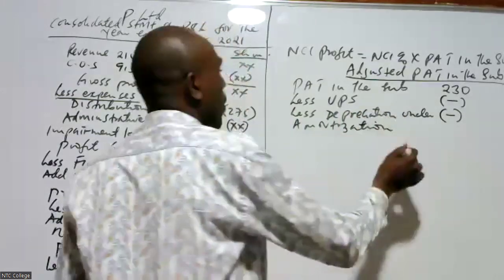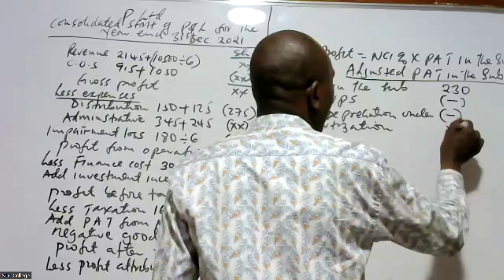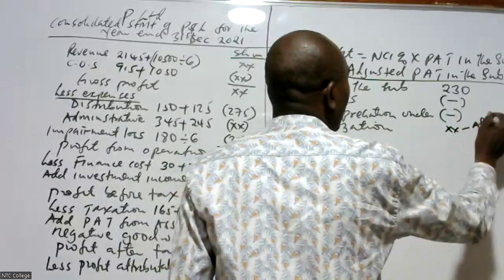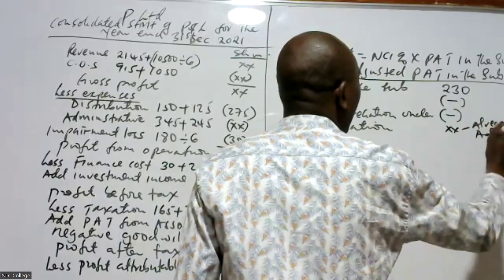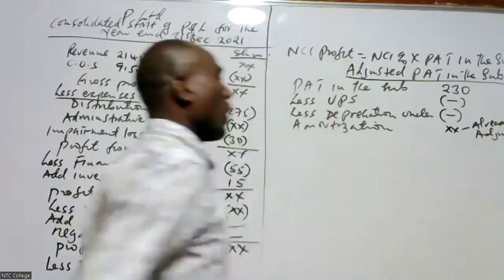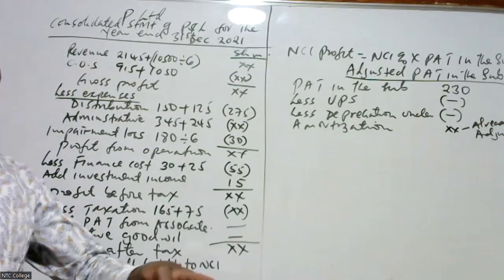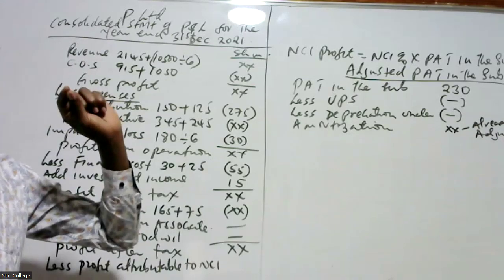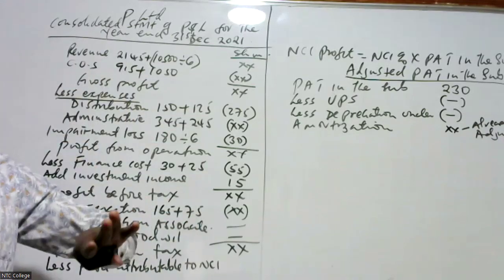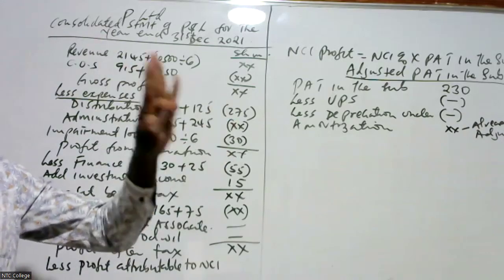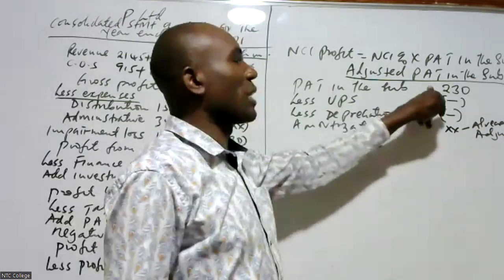In this question there was amortization, but it was already adjusted. Where did we adjust? When we were translating the administrative expense, remember, we added their amortization of 120. Therefore, it has already been adjusted in the books, for us to get this 230.